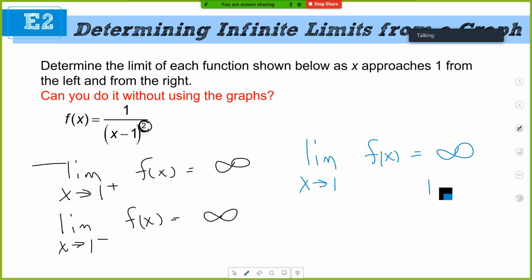I would accept DNE also. From a practical, realistic stance, I would probably go with infinity. However, if you were talking to a bunch of math nerds, they would want it to be DNE because infinity is not a number, it's a concept, which is ridiculous. So we're going to go with infinity.